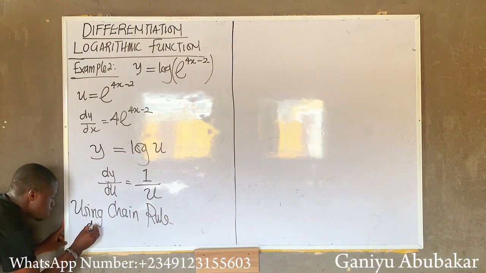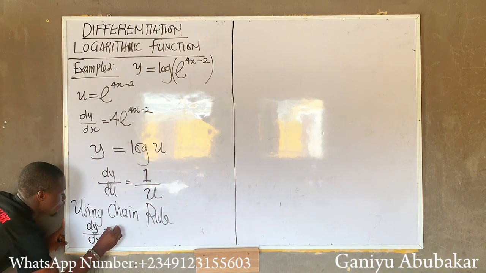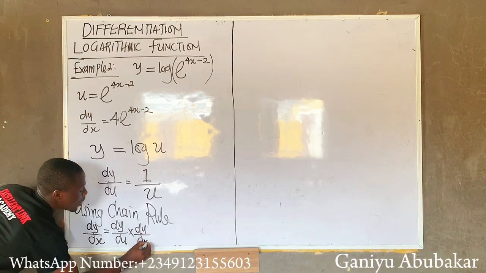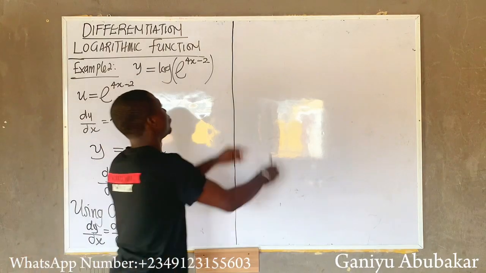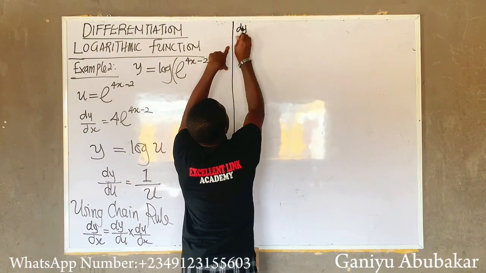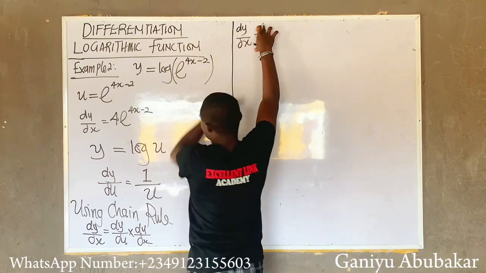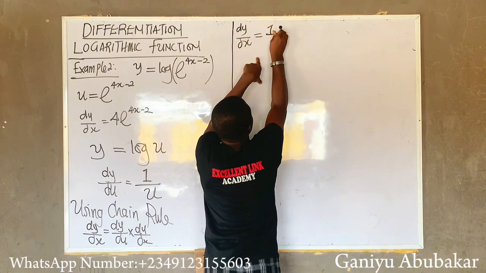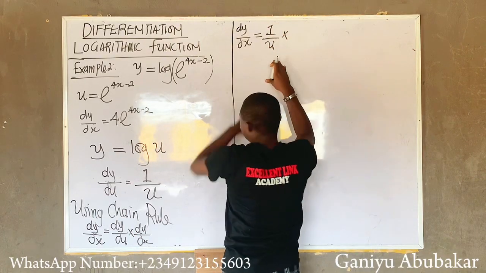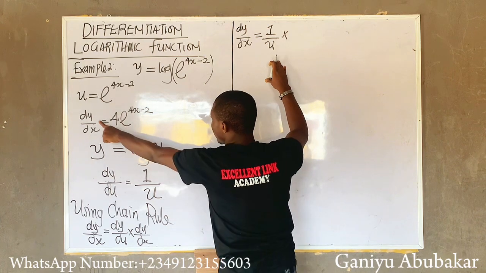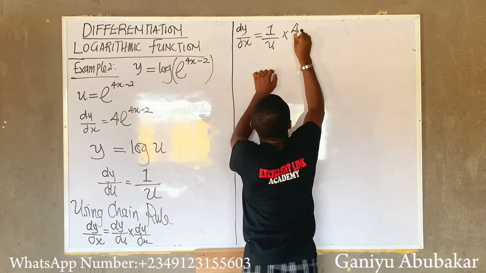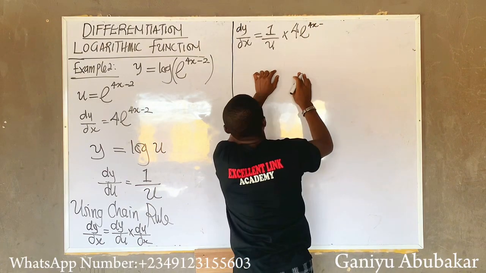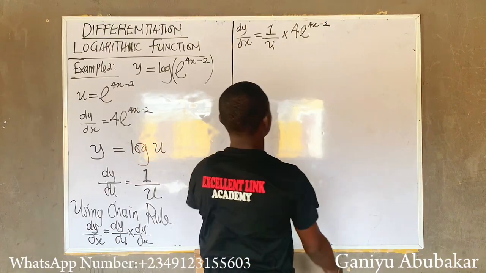We know that dy over dx is equal to dy over du times du over dx. Put in your values: dy over dx is equal to 1 over u times du over dx, which is 4 exponential 4x minus 2.